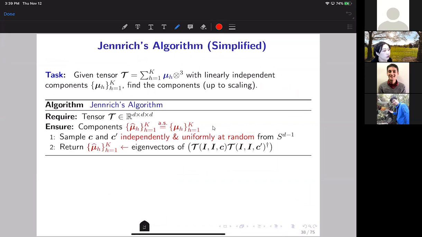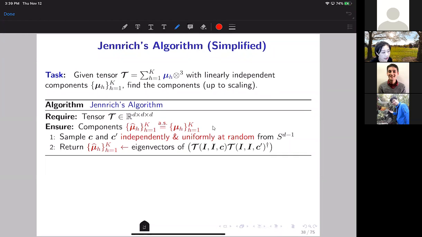So here is Jennrich's algorithm. The task again is, given this tensor with linearly independent components, to find the components. And the Jennrich algorithm is the following, in this algorithm pseudocode. So given a tensor, the tensor is d by d by d, right? So you have the tensor. How does your algorithm work?